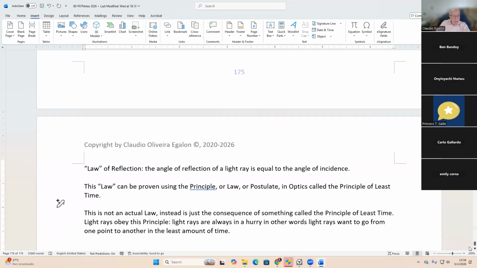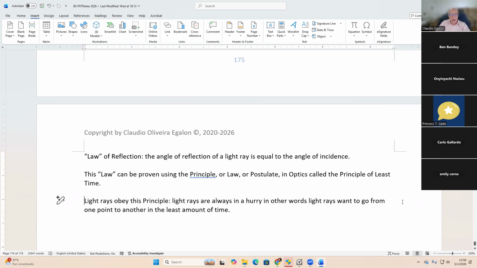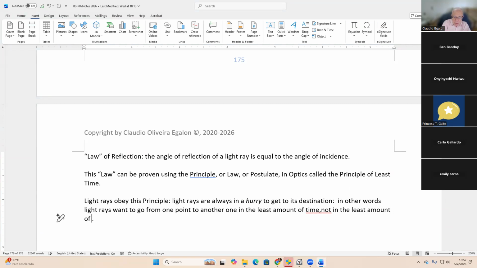Okay, and I already mentioned that here. So light rays obey this principle. Light rays are always in a hurry to get to their final destination. Okay, I'm talking about hurry. In other words, light rays want to go from one point to another in the least amount of time, not in the least amount of space.